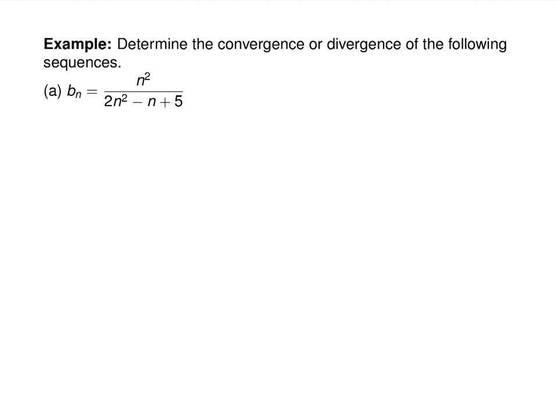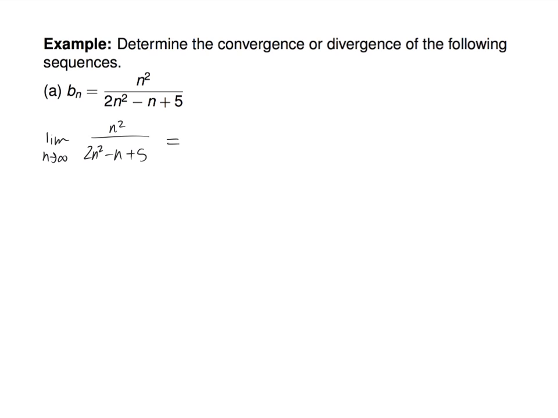Okay, so for this one, the limit as n goes to infinity of n squared over 2n squared minus n plus 5. Professor Fodry changed it to x's, and I don't think it matters, so I'm not going to. If this wasn't n's and they were x's, how would you do this limit?